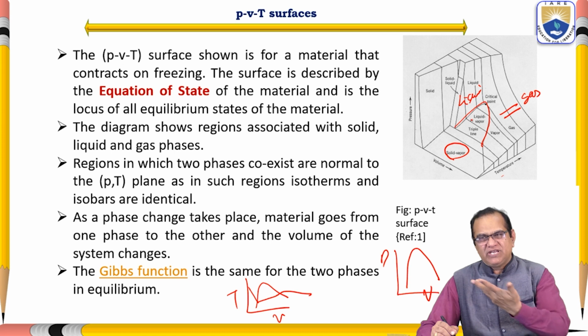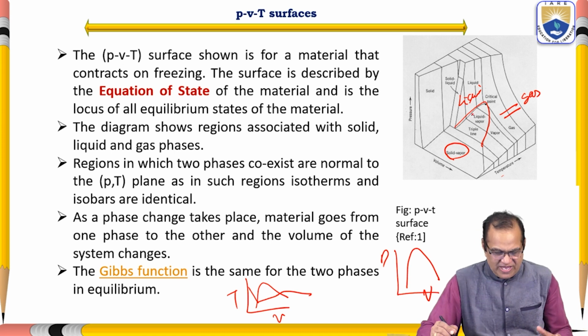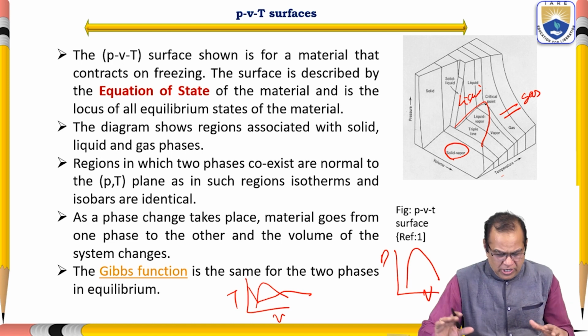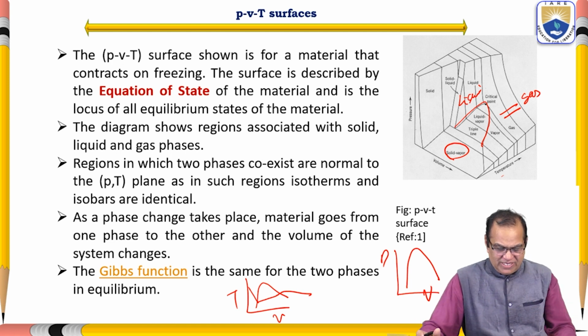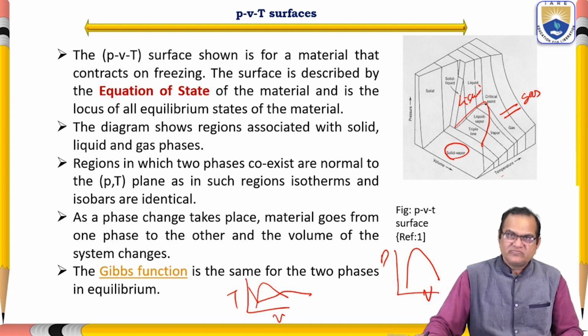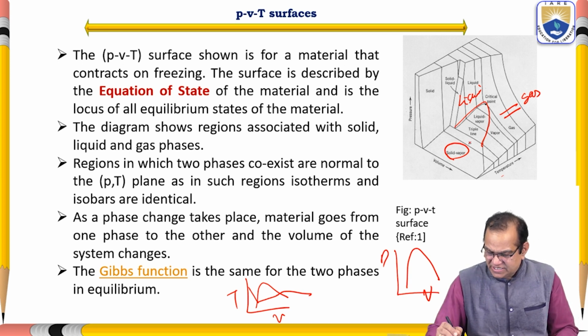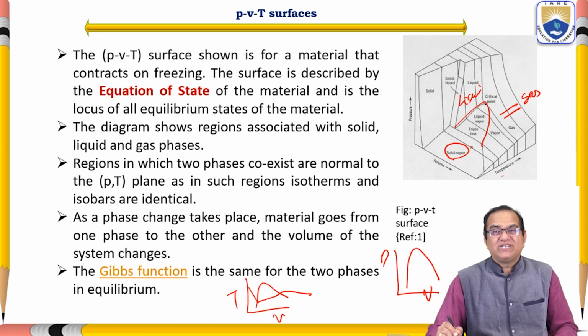They will overlap each other, so you cannot identify them, because both are moving together and they are the same. As a phase change takes place, the material goes from one phase to the other and the volume of the system changes. But in this phase, volume will change, while pressure and temperature will remain the same.